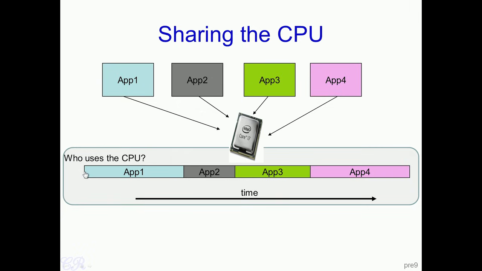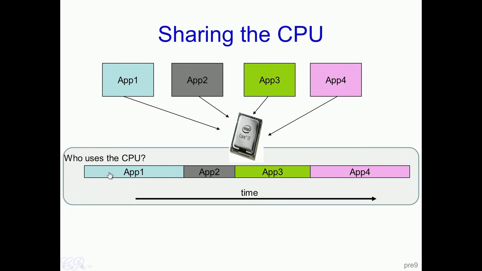For example, application 1 is made to execute on the processor, and after application 1 completes its execution, only then application 2 is made to start. Now, this scheduling of the various applications on the processor is managed by the OS.